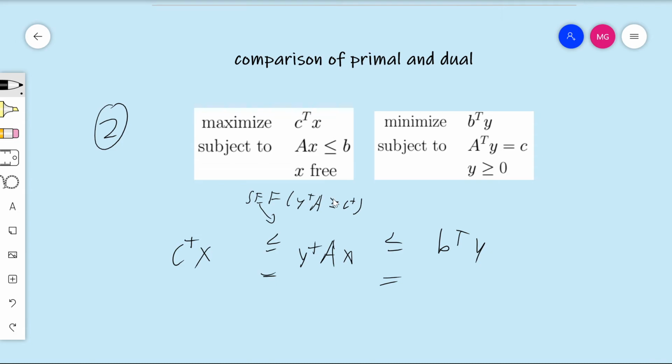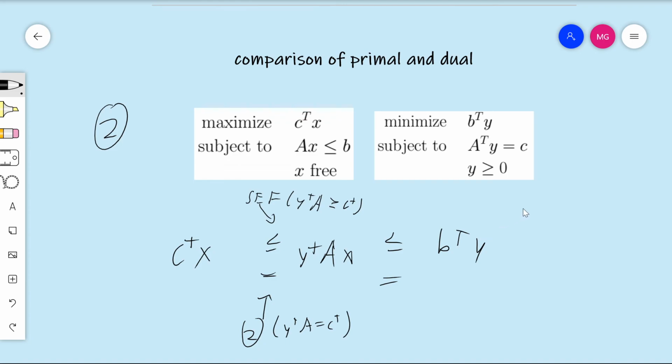So if you impose that, then you get this less than or equal to sign. On the other hand, the equality corresponds to this general form for 2 here, because now you need a stronger constraint corresponding to the fact that the x variables are free. And the way you impose that is Y transpose A equals C transpose. Then you get that this equals 2 is true.